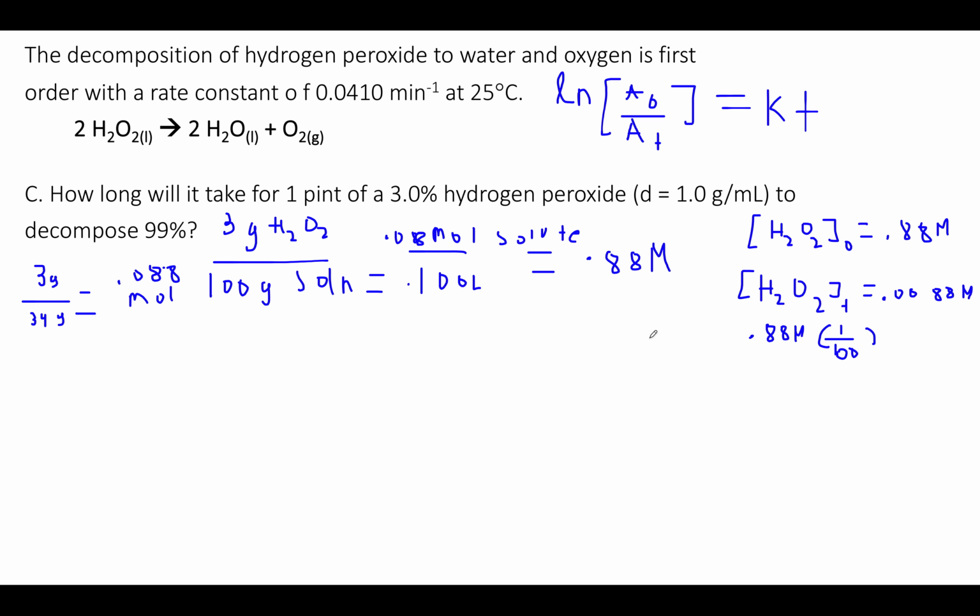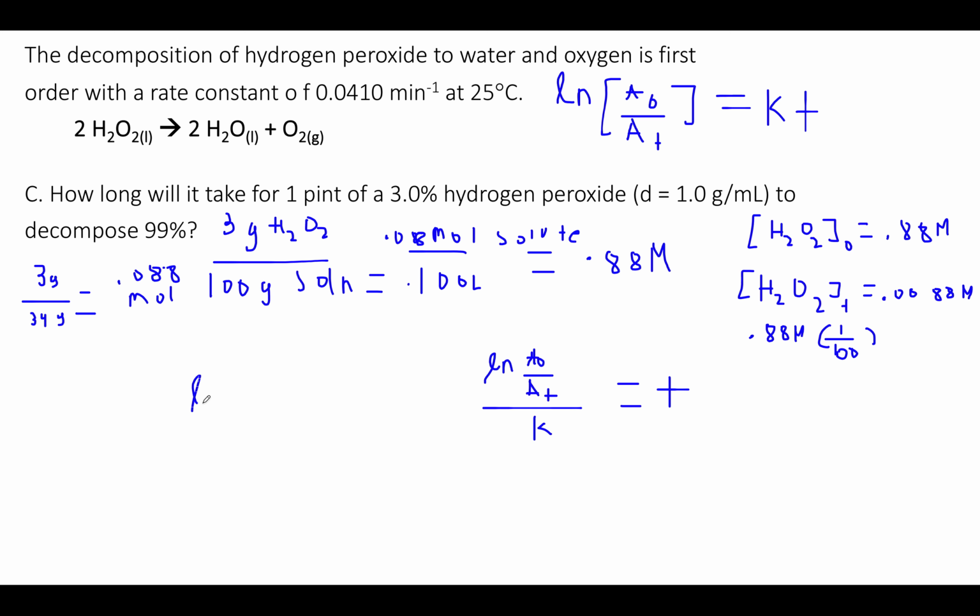Okay, so now that we've done the bulk of the work, all we need to do is just solve for t here. So t would equal the natural log of the initial concentration over the final concentration, and that will give us a numeric value, divided by the rate constant, and that would equal t.